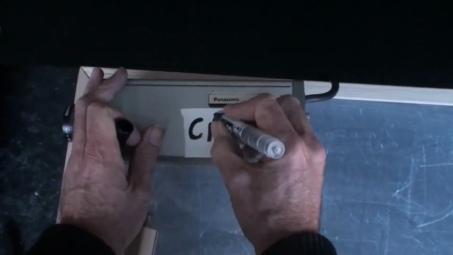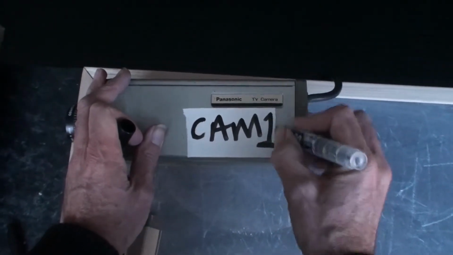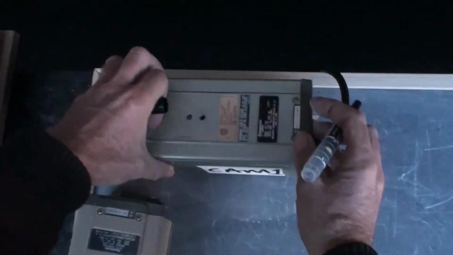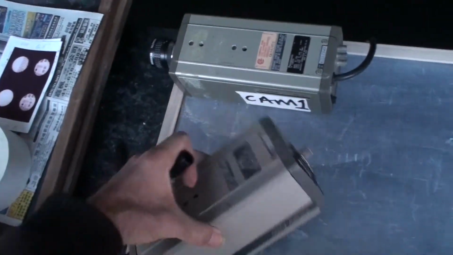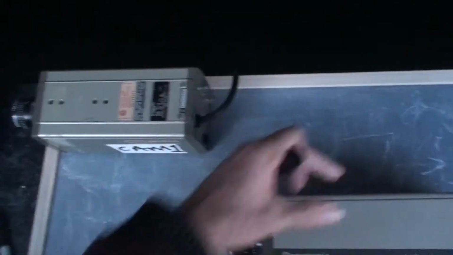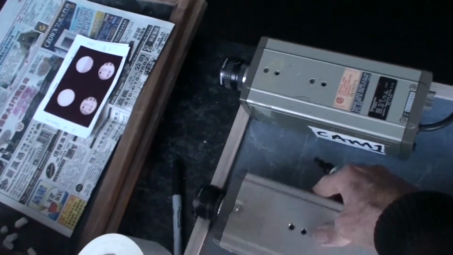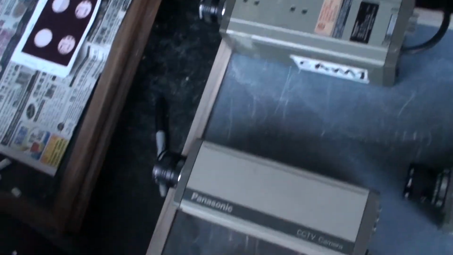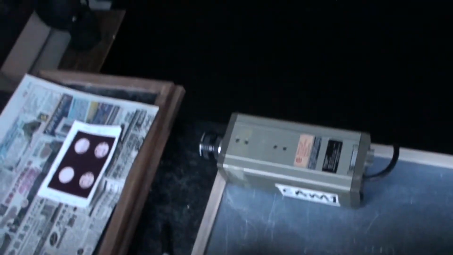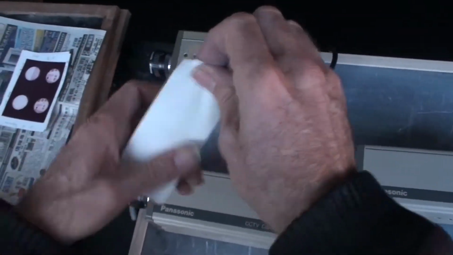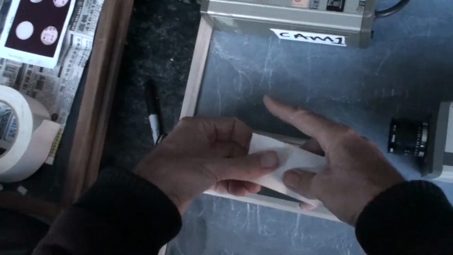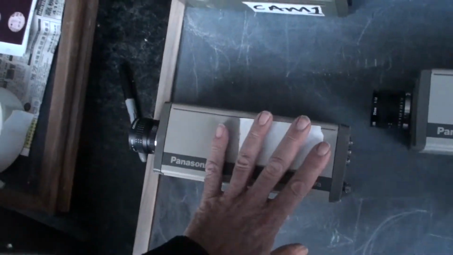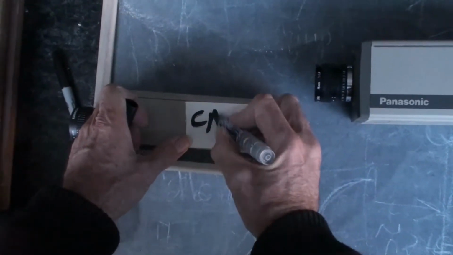For the purpose of the diagram, I'll consider the same camera at three different points in time. I'm going to call this one Cam 1. That's the camera at a first point in time. And then I'm going to take a second camera and call this Cam 2. This is the same camera at a later point in time.